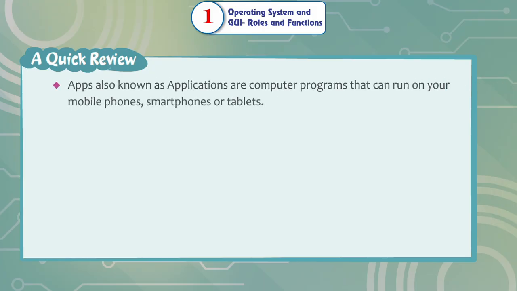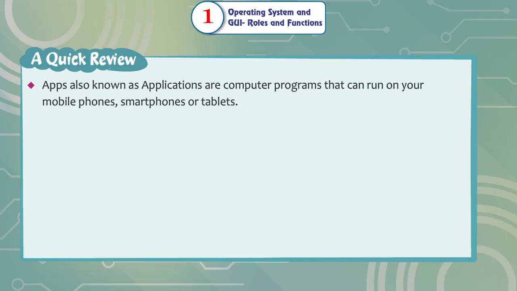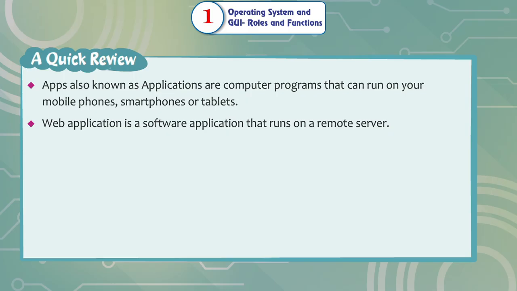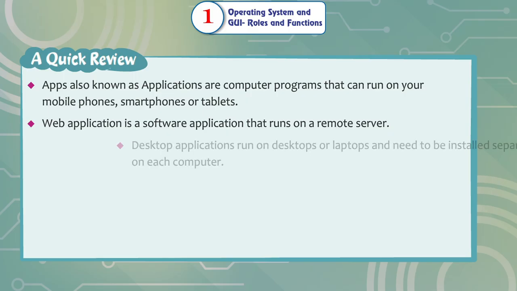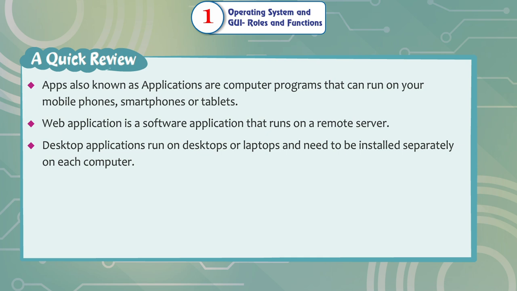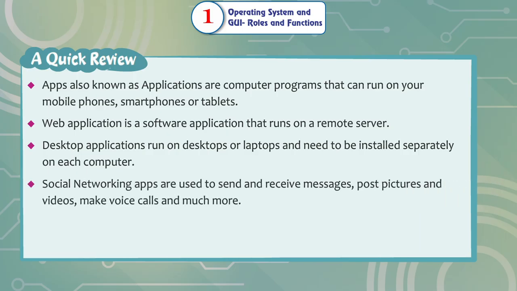A quick review. Apps, also known as applications, are computer programs that can run on your mobile phones, smartphones, or tablets. A web application is a software application that runs on a remote server. Desktop applications run on desktops or laptops and need to be installed separately on each computer.